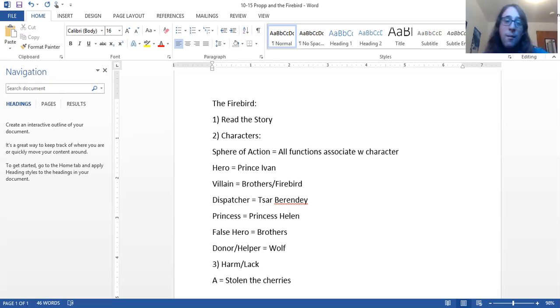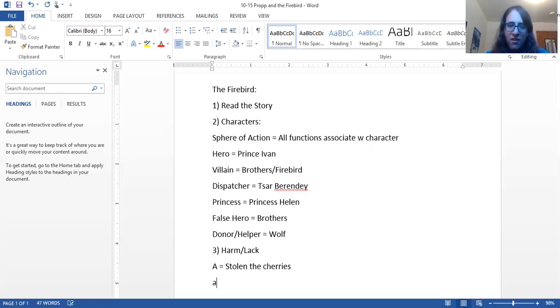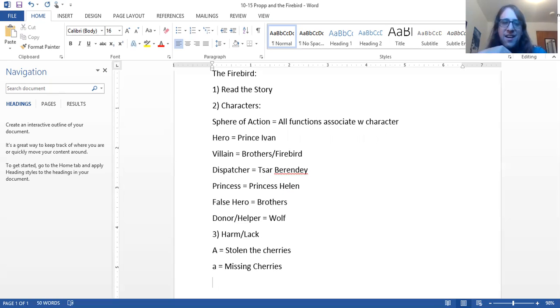It's kind of indirect, but that's okay too, so long as there's a problem in need of solving. Or you could put it as a lowercase a, in which case Microsoft Word will try and autocorrect it for you. But the lack could be just, there's a Firebird that's stealing cherries, and the Firebird is not being vilified here. Okay, so we've got our harm and or our lack. I could even see an argument for trying to interpret it both ways at the same time.